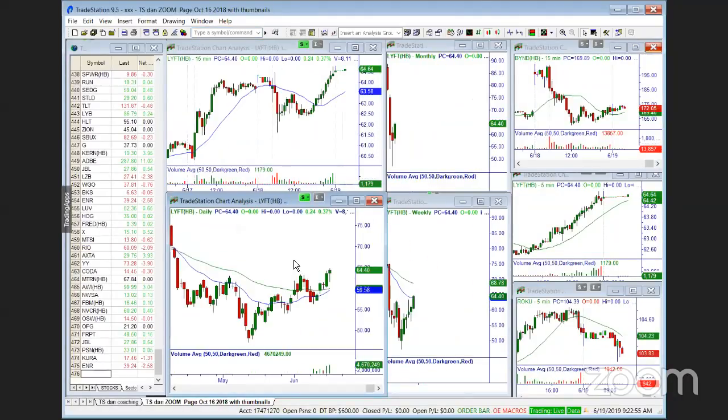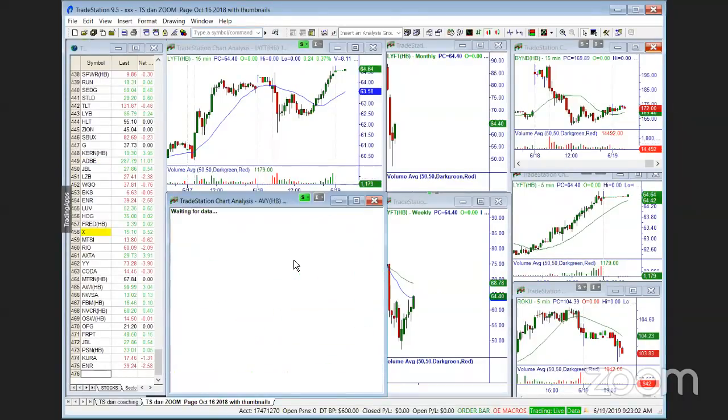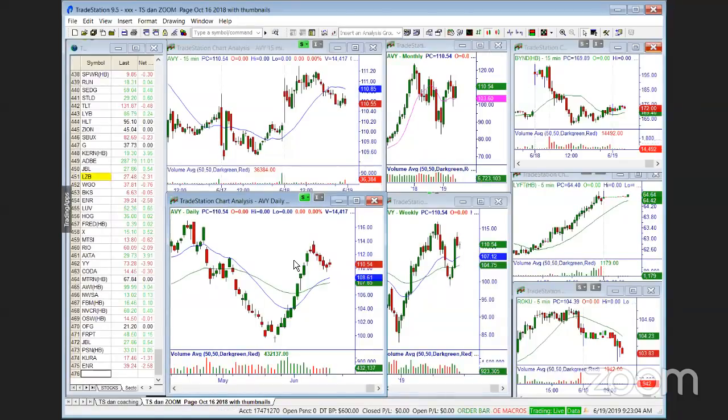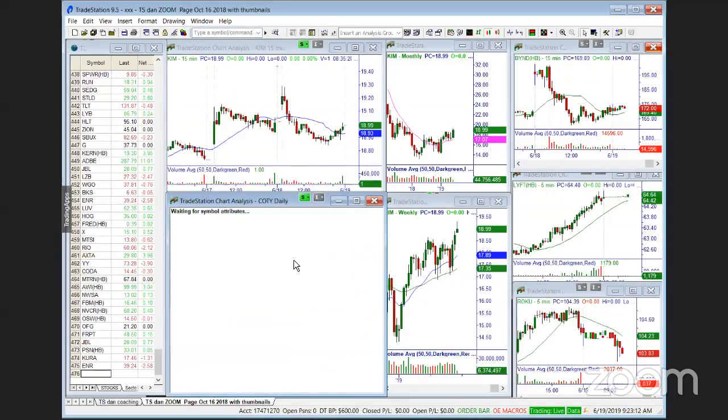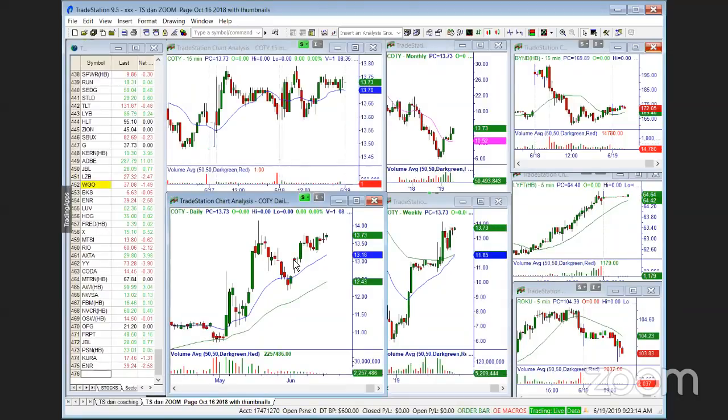We're also long stock Lift in the swing and options trader, and we have a put spread, AVY. We bought yesterday over the 5-minute high. Kim, it's a core trade. Beautiful weekly, monthly breakout. Cody, long stock. It looks great to add over the Monday's high.